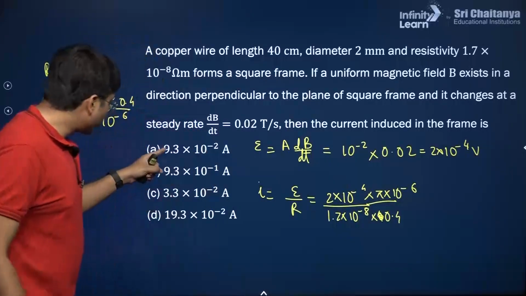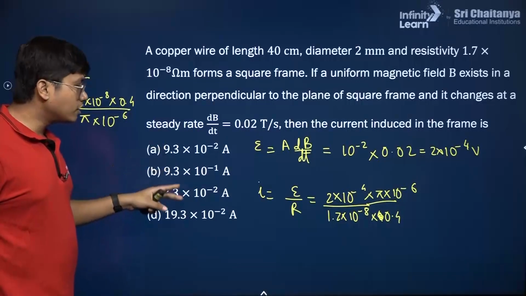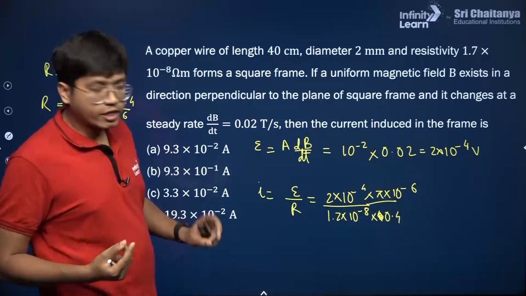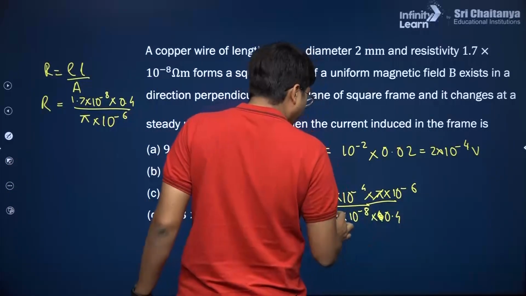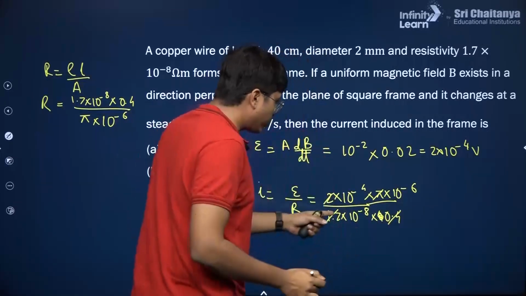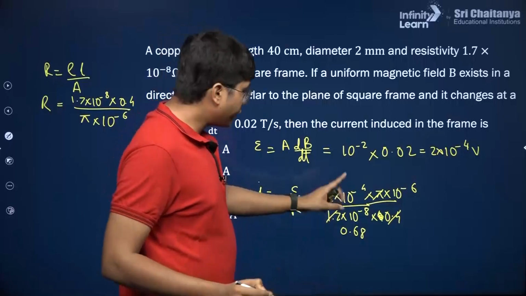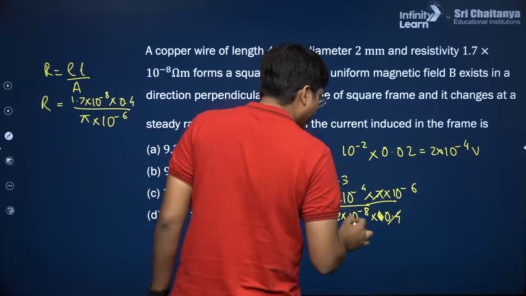Okay, so our options have to be either this or this. How do I get whether it is this or this? Now you move into the 10 to the powers, because that is the only thing differentiating between them. So 2 into pi divided by 1.7 into 0.4, this would have given me around 0.68 below, but around 6.3 above.